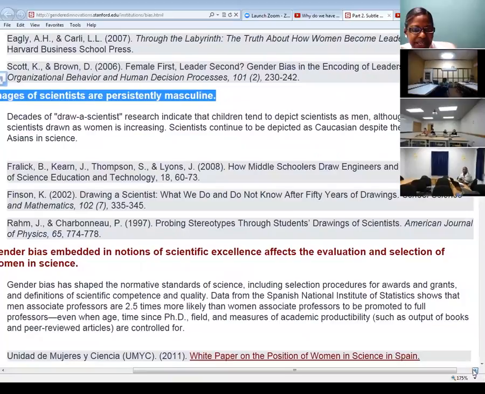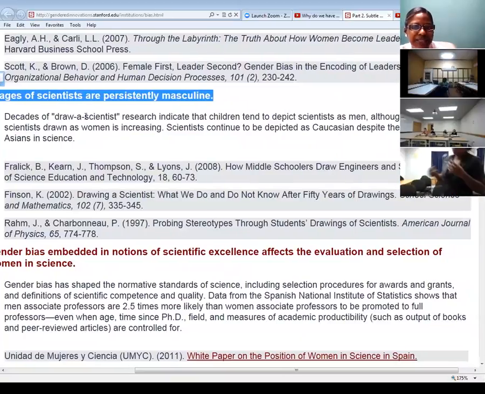It says, decades of draw-a-scientist research indicate that children tend to depict scientists as men, although the number of scientists drawn as women is now increasing. Scientists continue to be depicted as Caucasian despite the prominence of Asians in science. And they have given three sources of research work that has brought out these conclusions.